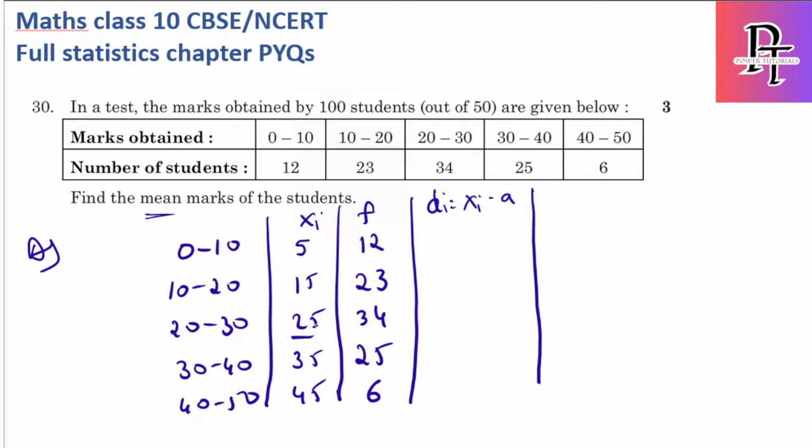As I am assuming the mean value as 25, simply it will be 5 minus 25, which is minus 20. 15 minus 25 is minus 10. This will be 0. 35 minus 25 is 10.